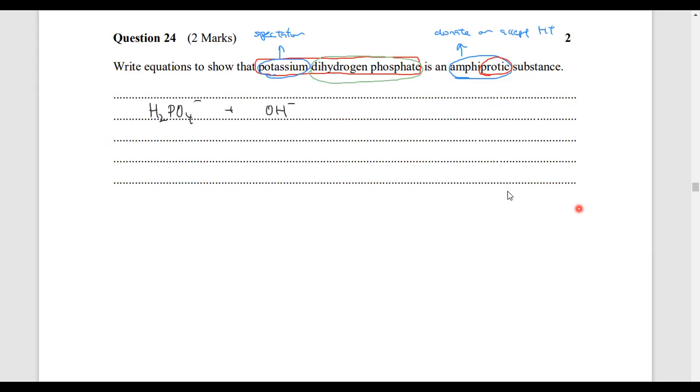If you want to show that it can donate to a base, we'll just draw this out. It's going to become HPO4 2- plus H2O. Okay, so that's the donation. Alternatively, it could accept one.